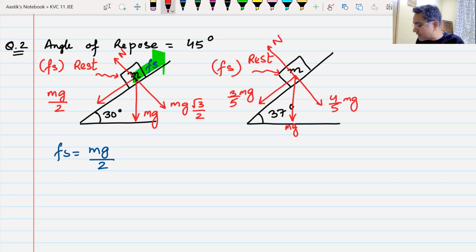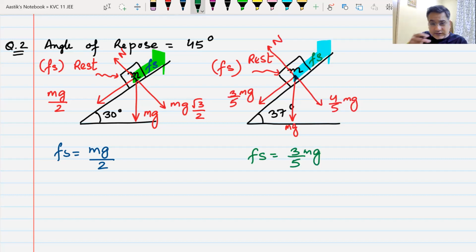What is the value of static friction in this case? Static friction in this case, it is smarter. It has become 3 by 5 mg. As you can see, this value is more than the previous value. So it is increasing its value. Remember, it is a smarter friction.